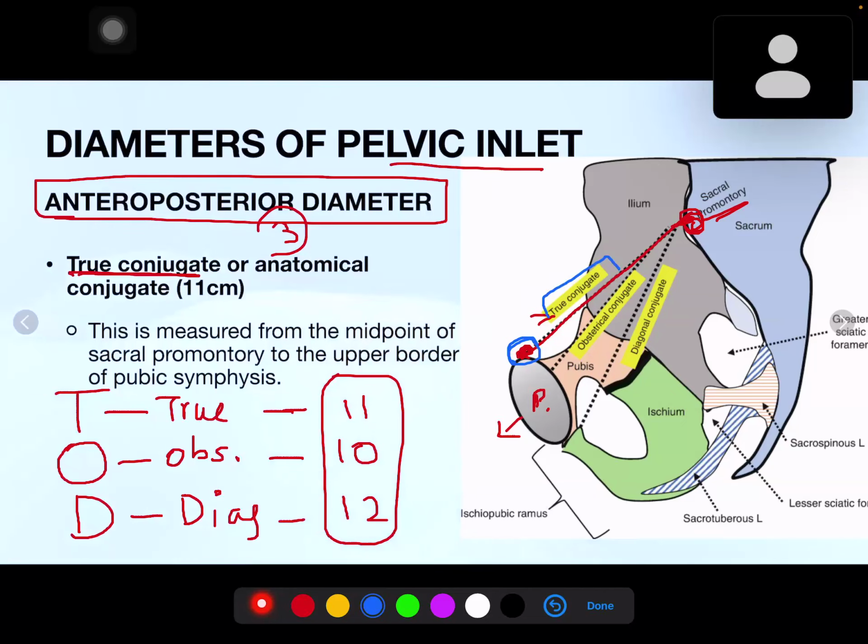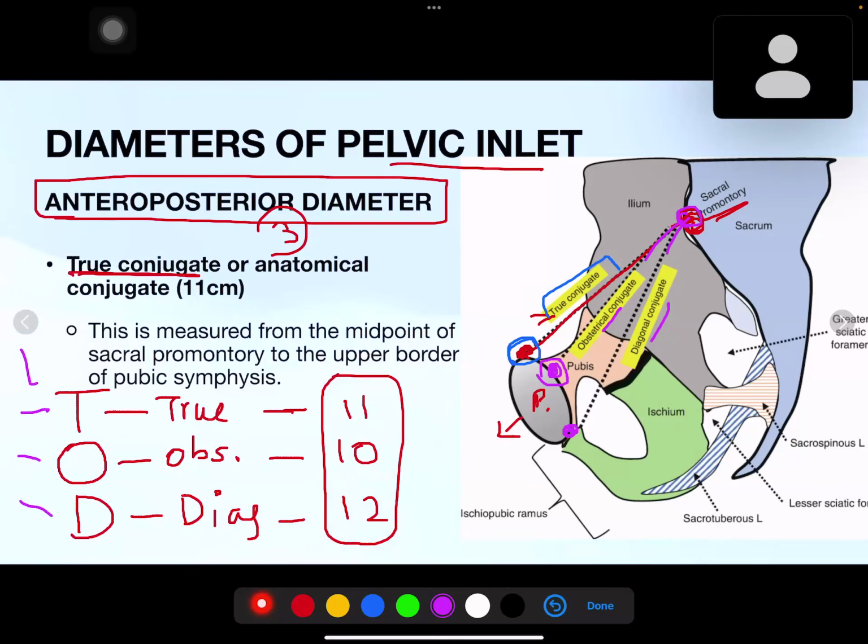Now again, if you see the next diameter, the obstetric conjugate, it again arises from the sacral promontory, but it goes to the middle of the pubic symphysis. Now, what happens with the diagonal conjugate? Again, from the sacral promontory, and it goes to the lower border of the pubic symphysis. Now, you just remember how I write the TOD.